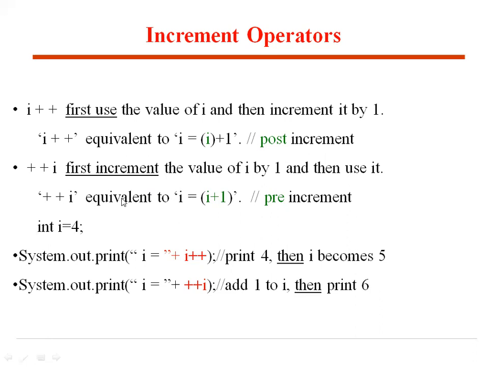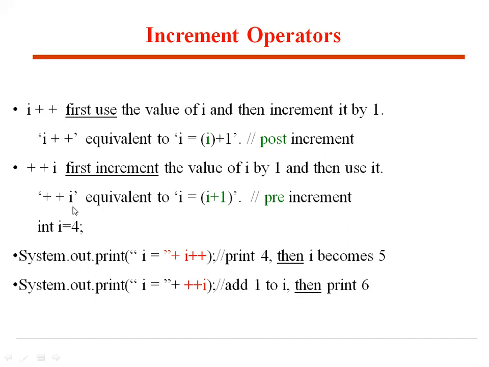So this is called pre-increment. Pre means before. Before using the value of i, you increment first, then use it. That is what the compiler will do. So these increment and decrement operators we can use in two forms, either the post-increment operator or the pre-increment operator.